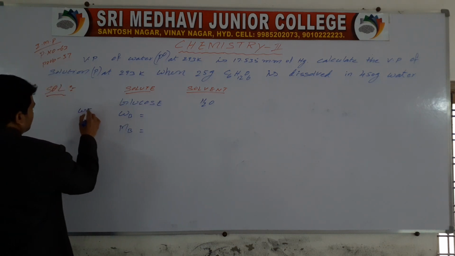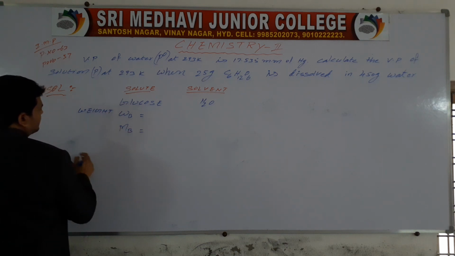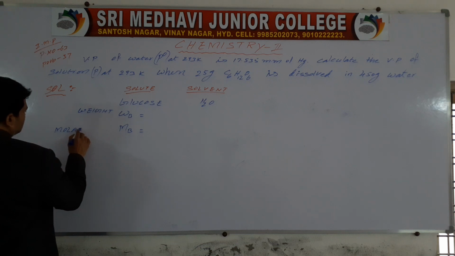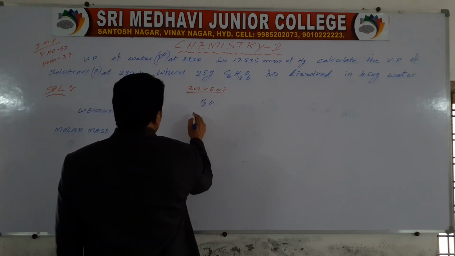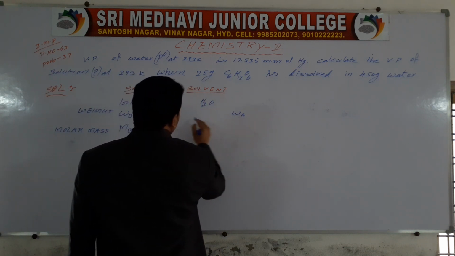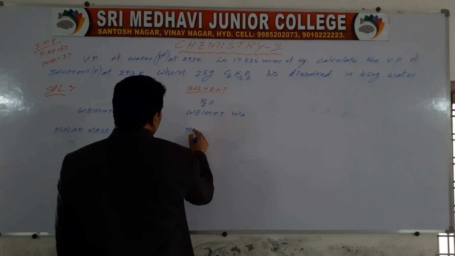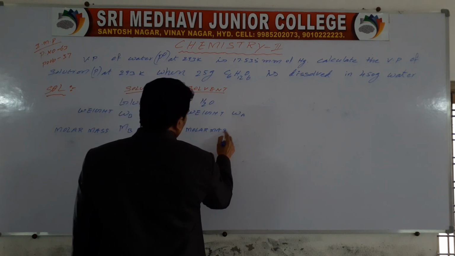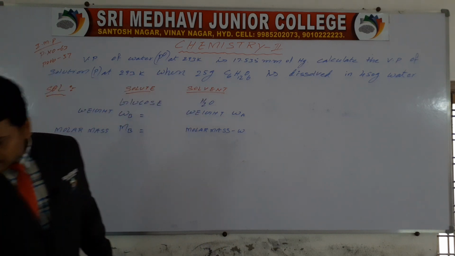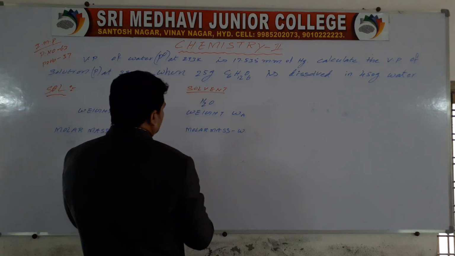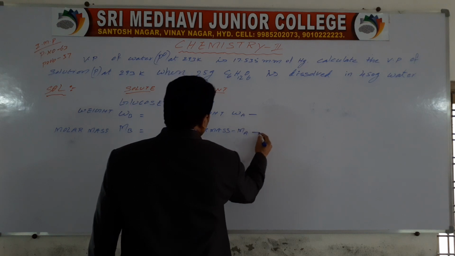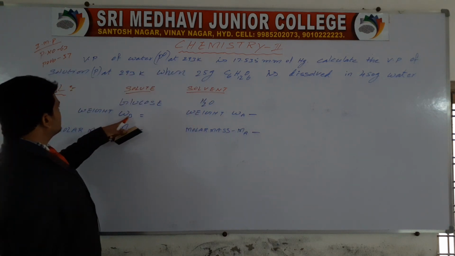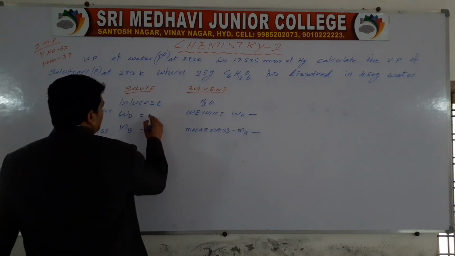Next, for water, Wa is the weight and Ma is the molar mass. Weight of glucose Wb is 25 grams.